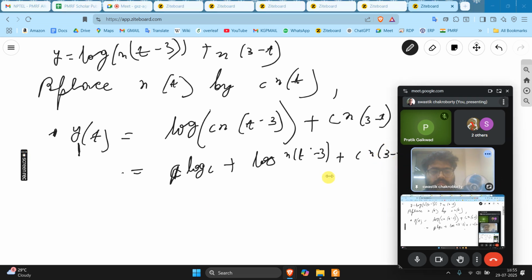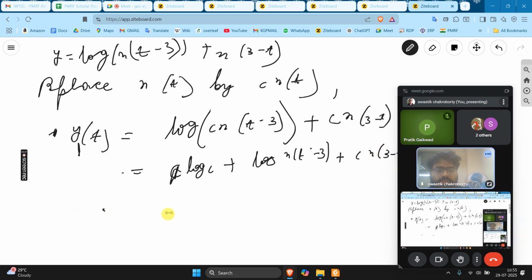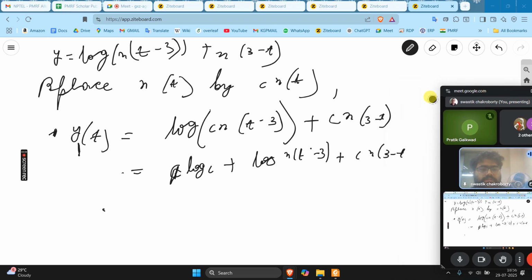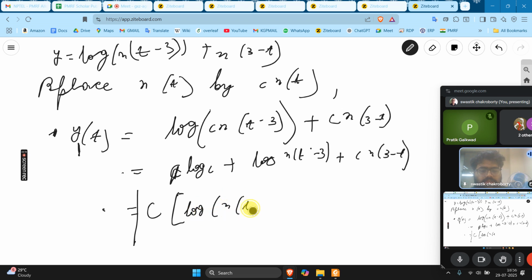This is not equal to simply scaling by c, that is c times log x(t minus 3) plus x(3 minus t). So this system violates the principle of homogeneity, so it is not linear.